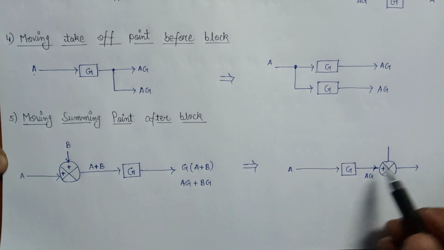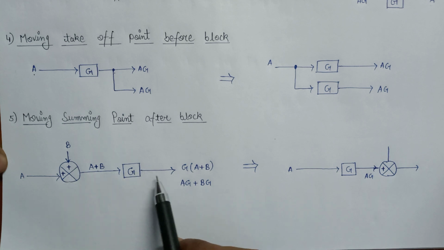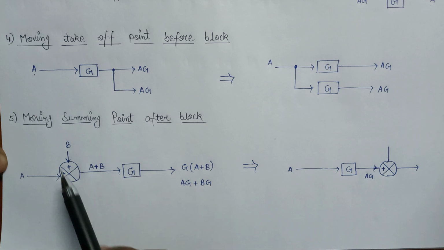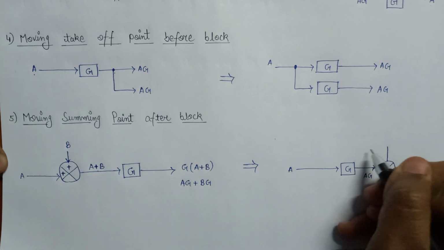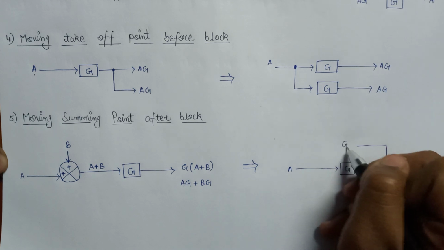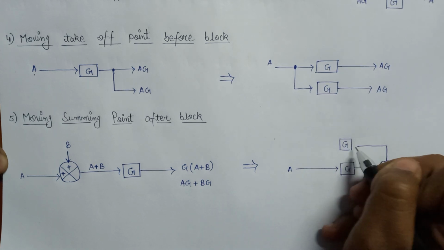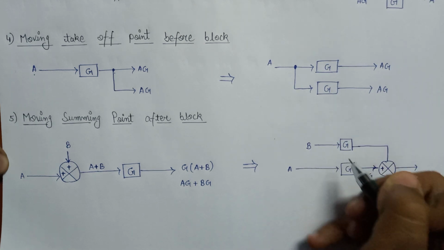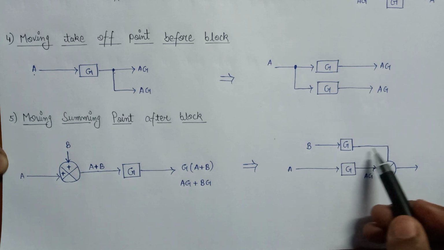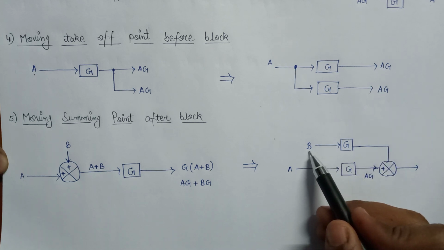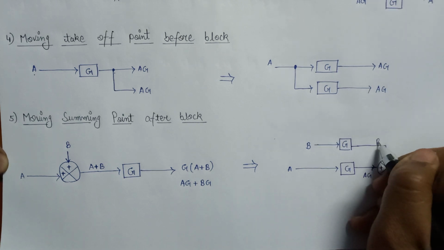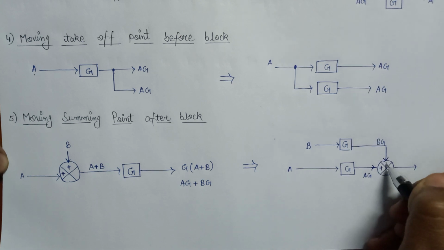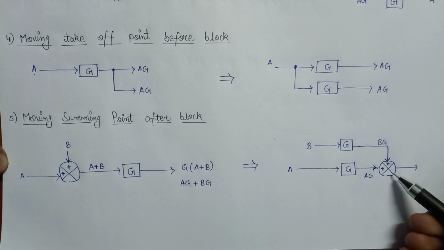And if we shift a summing point after a block, then the gain of the block will get multiplied with this branch. So here another block having the gain G is being multiplied with our input B. The multiplication of B and G will become BG here, and we are applying the BG as an input to this summing point.